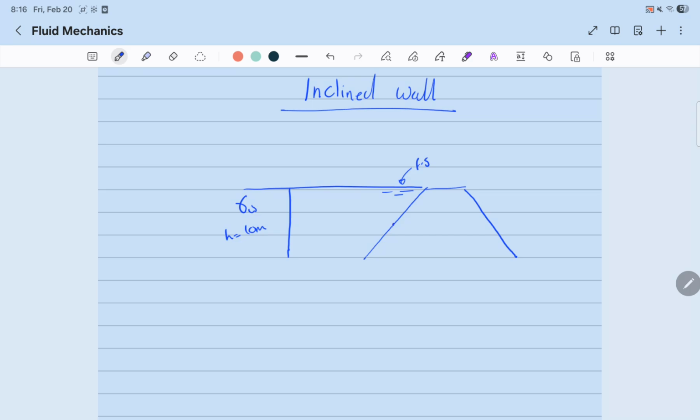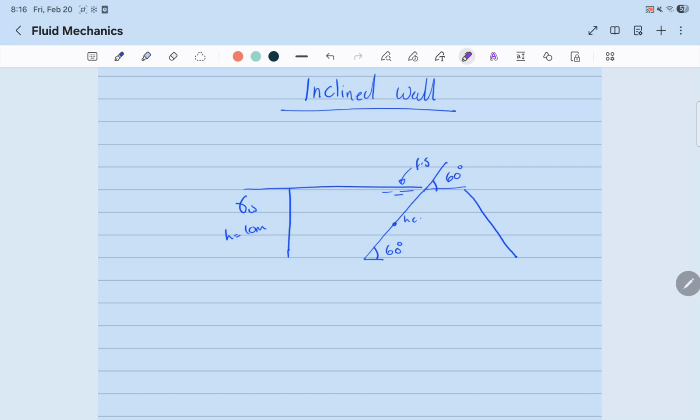The centroid, or HC, is basically h divided by 2. And the angle of inclination, we'll say it will be 60 degrees, which is the same as this angle here.